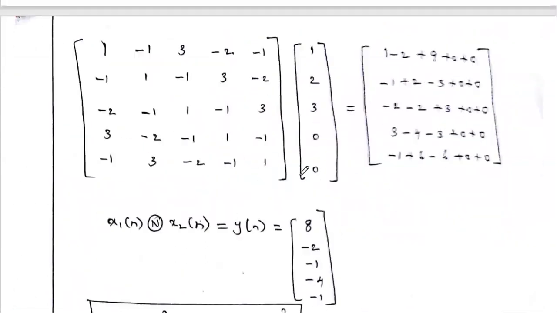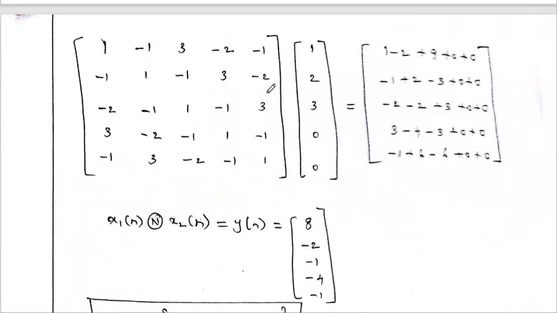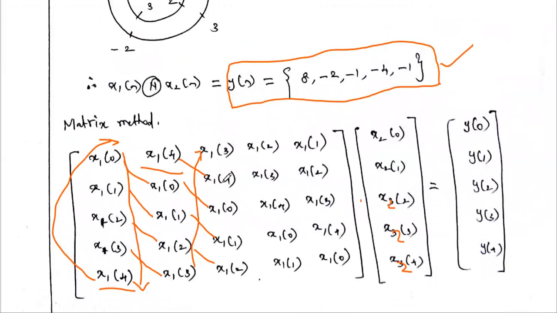Now we are going to solve the same problem using the matrix method. In this matrix multiplication method, we may use the x2 matrix as the first matrix and the x1 matrix as the second. Why? Because convolution, whether linear or circular, obeys the commutative property.